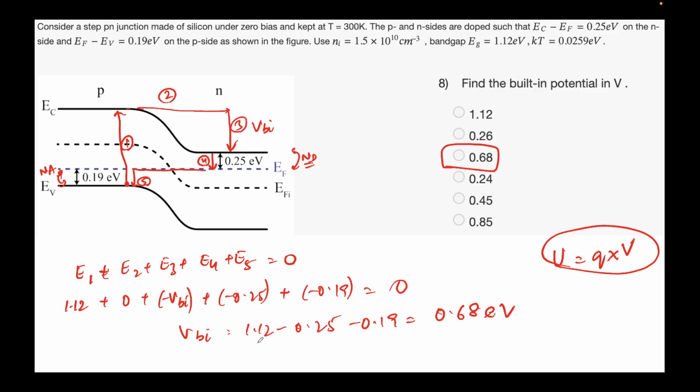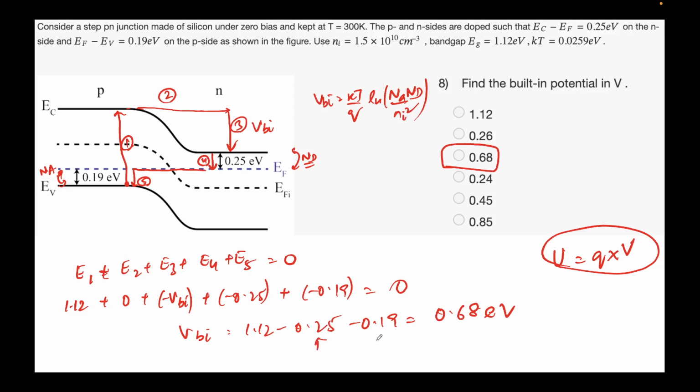So that's what's happening. How do you balance it with this expression? VBI equal to KT by Q ln NA ND over NI square. Forget about this factor KT by Q for now. NA and ND have to come at same, they are the same nature, and NI is of the opposite nature.